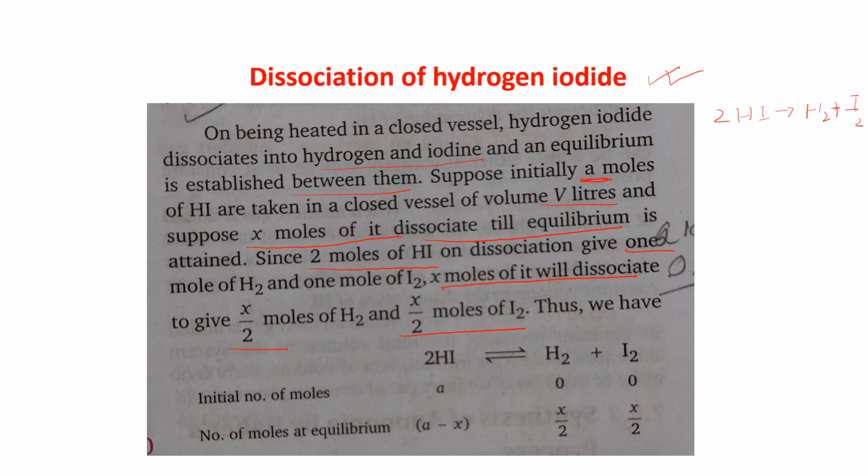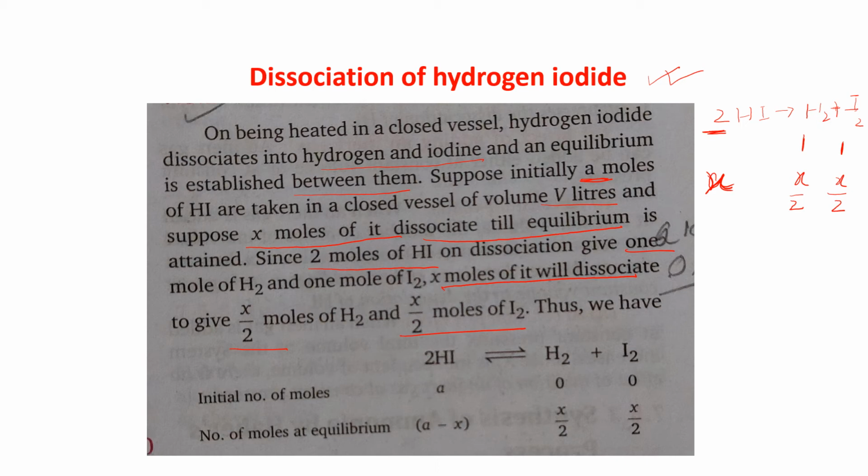That means 2 moles of HI give you 1 mole of H2 and 1 mole of I2. So if X mole dissociates, from 2 I am getting 1 and 1, that means it's half. So X dissociated will give X by 2 and X by 2.